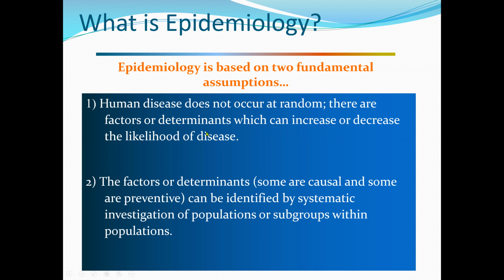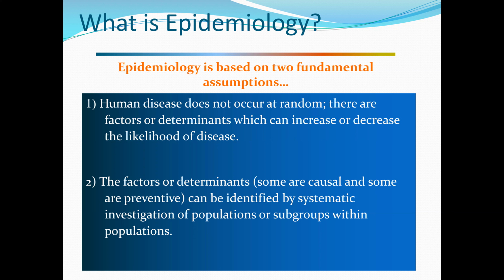The second assumption tells us that the factors or determinants, some causal and some preventive, can be identified by systematic investigation of populations or subgroups within populations. This is the reason why in the epidemiology field we have different types of research methods.